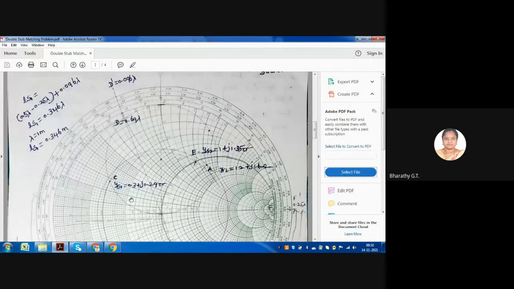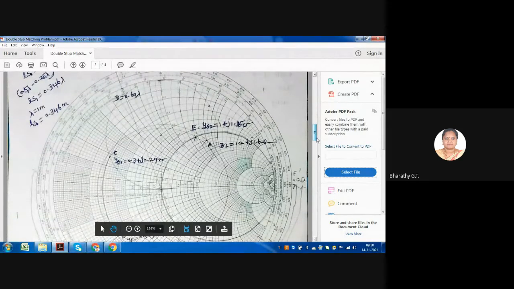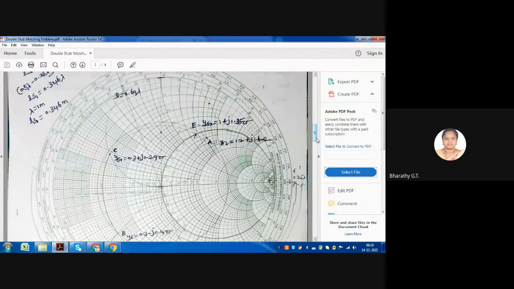Have you all drawn the conductance circle? So side by side, you have to write all these points in your notes also. Have you all drawn it?